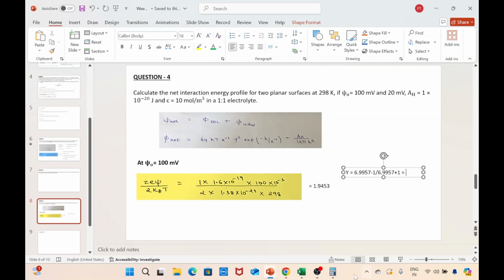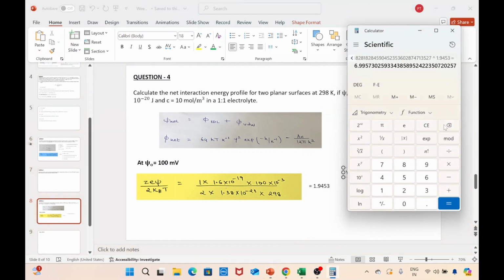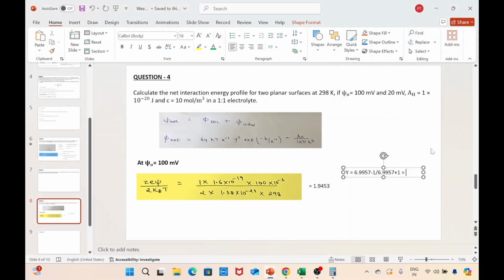The value is 0.749. So this is your gamma.